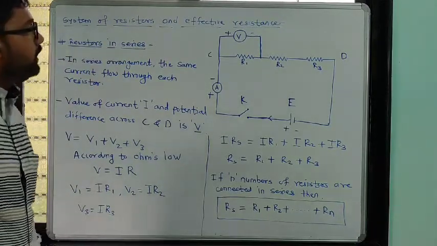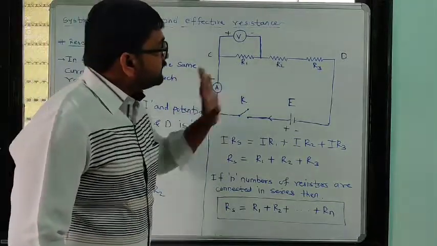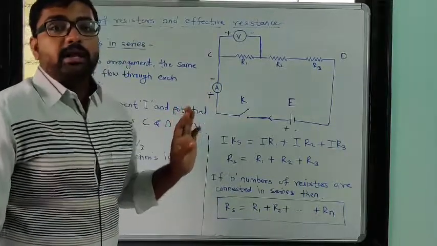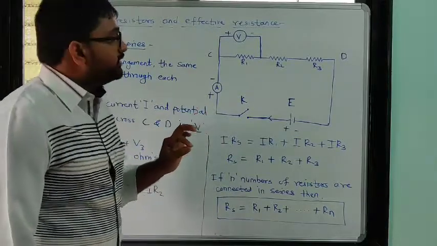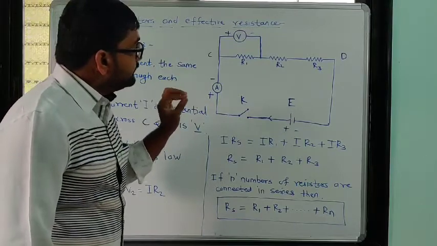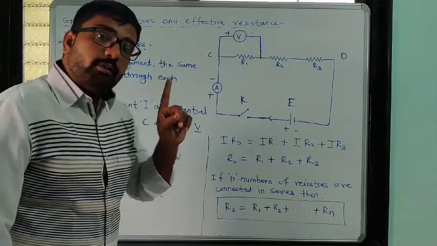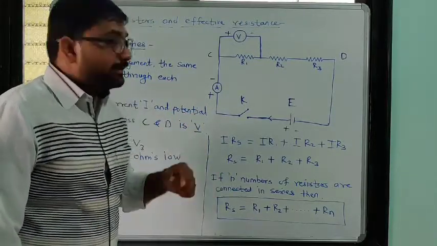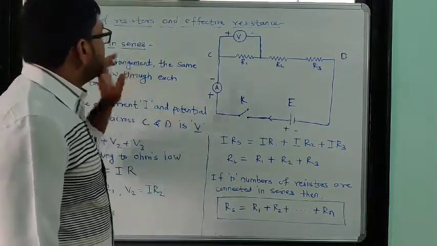In series resistance, what happens? All the given resistors are connected in a straight line, in a single line. Such a connection of resistors is called resistors in series. Series means along a straight line. If all resistors are connected in a straight line, then such connections are called a series connection.